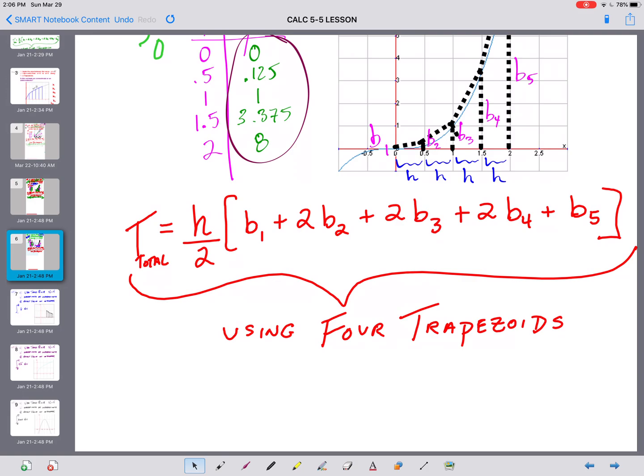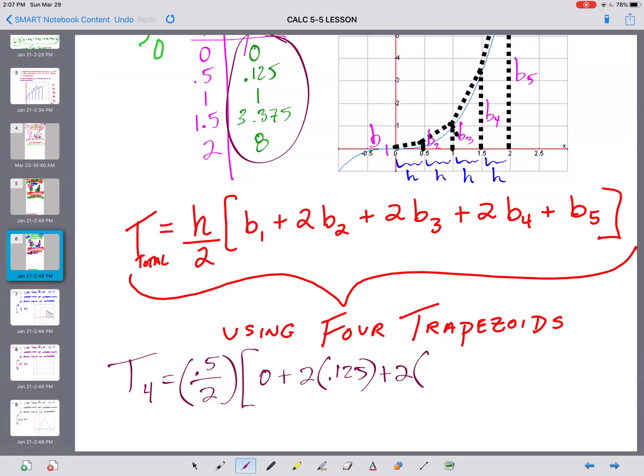Here it is. Okay, T4. The height, again, is 0.5, divided by 2, put parentheses, bracket the first base plus 2 times the second base plus 2 times the third base plus 2 times the fourth base plus 1 times the fifth base.